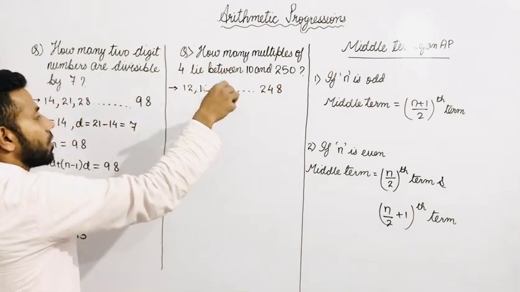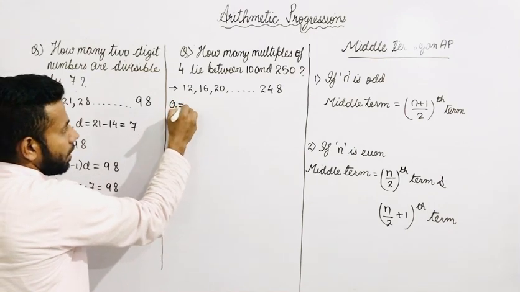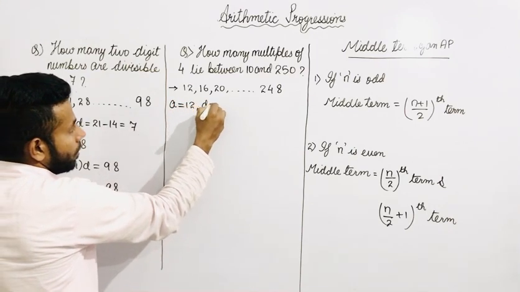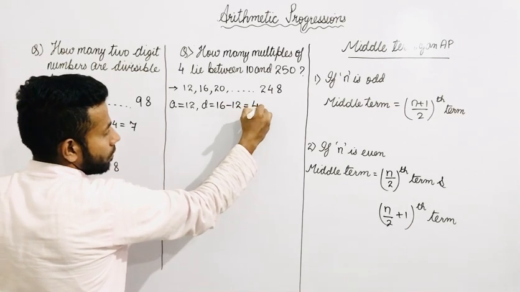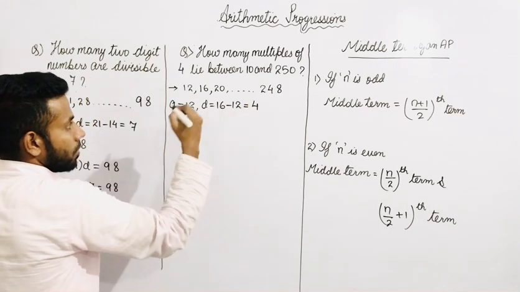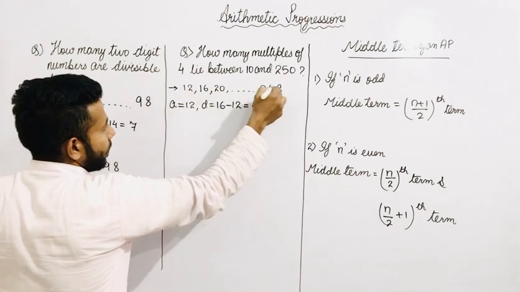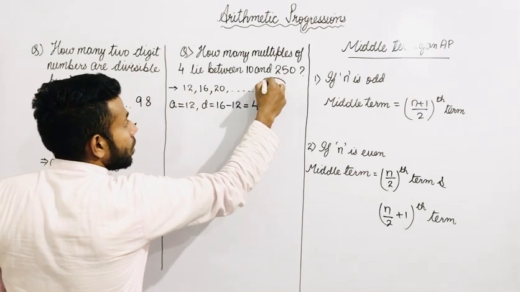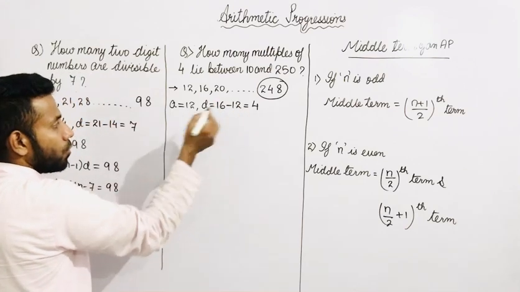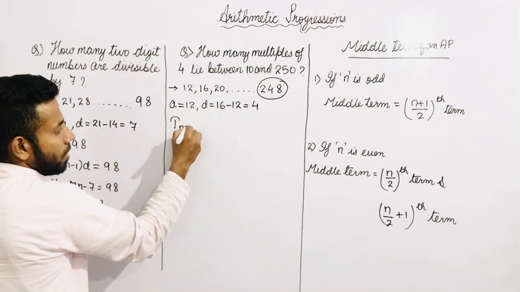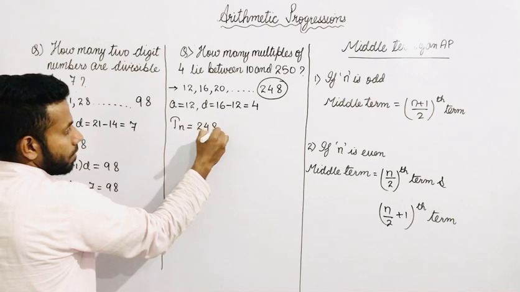So we have constructed an AP. From here we get that a equals 12, d equals 16 minus 12, that is 4. And since we have to know how many terms are there, we utilize the end term of this AP. What is the end term of that AP? 248. So Tn equals 248.